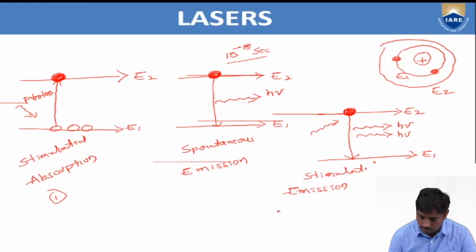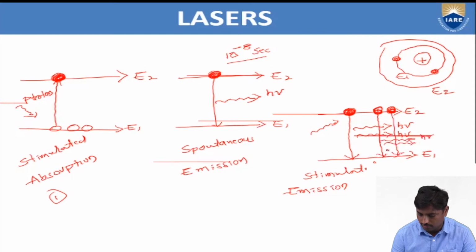These two photons are incident on two more electrons in the excited state. So these are stimulated and de-excited to the ground state energy level. Every transition releases two photons.